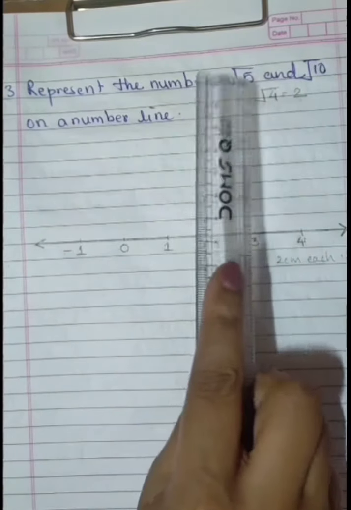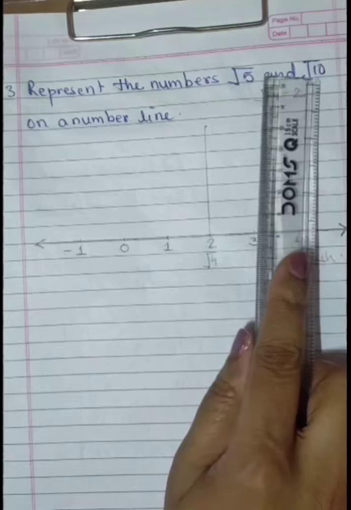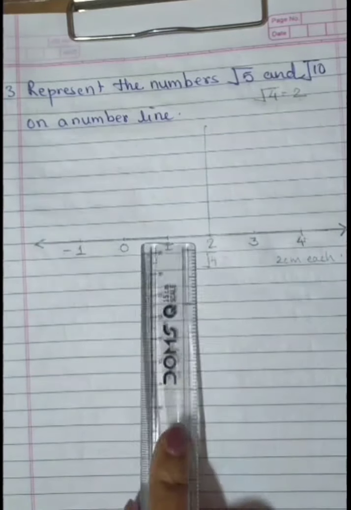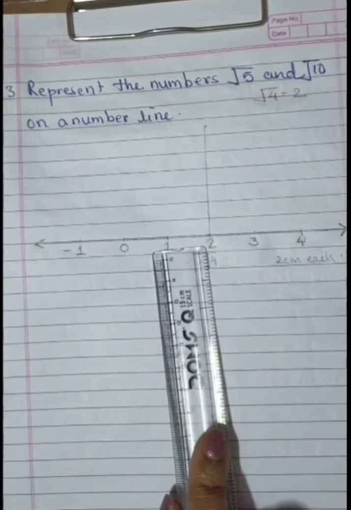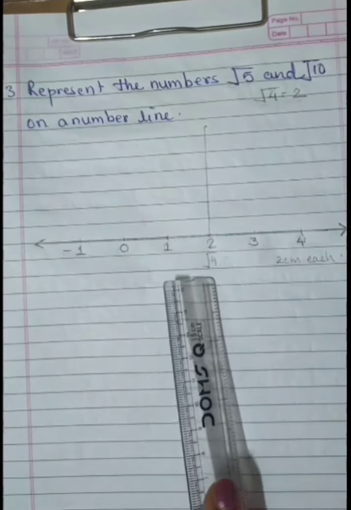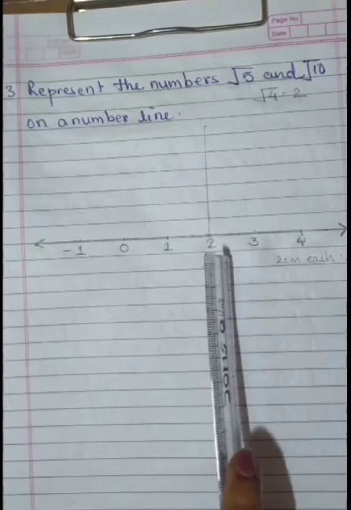We have to solve plus root 5 and plus root 10, and I have drawn a perpendicular line from 2 centimeter. Why 2 centimeter? Because as you know root 4 is equal to 2. If 2 is root 4, after root 4 we will get what? Root 5.